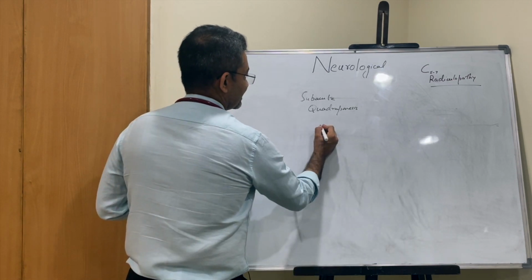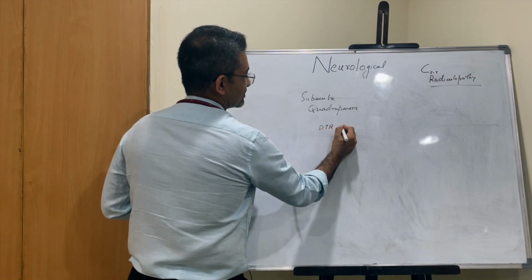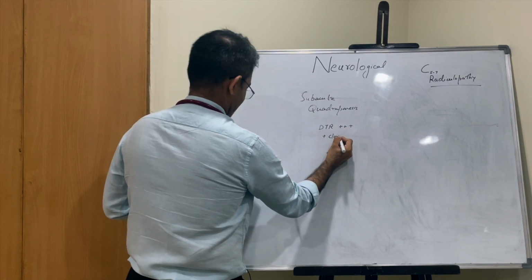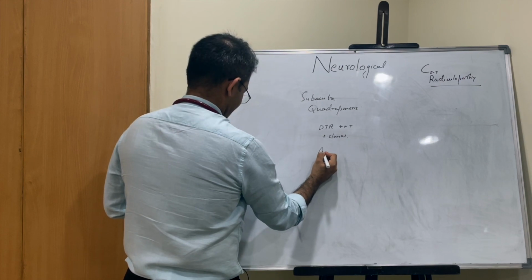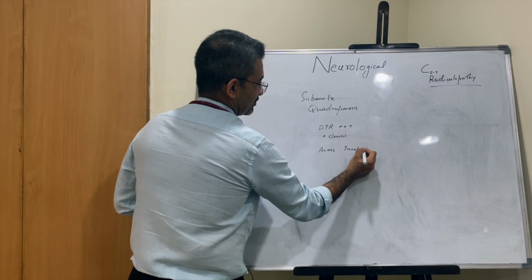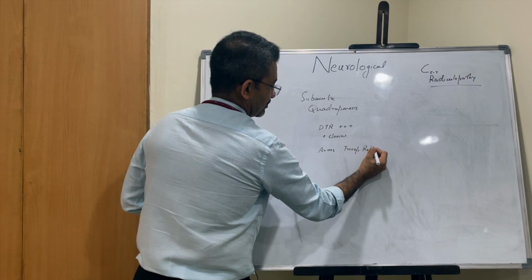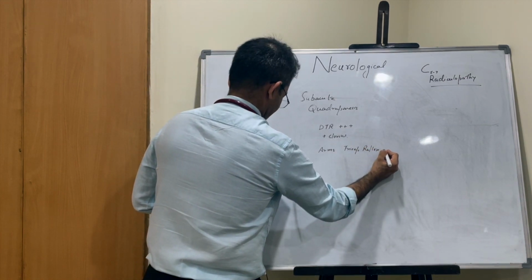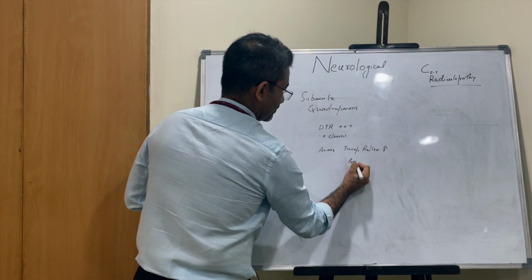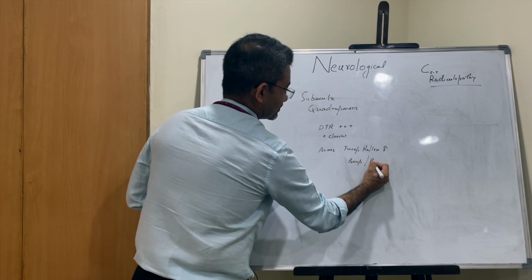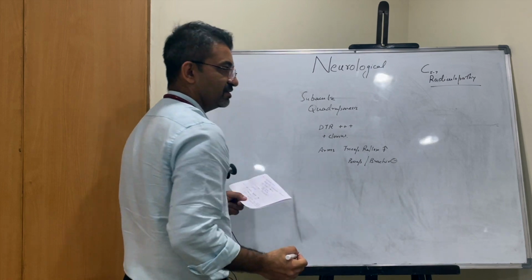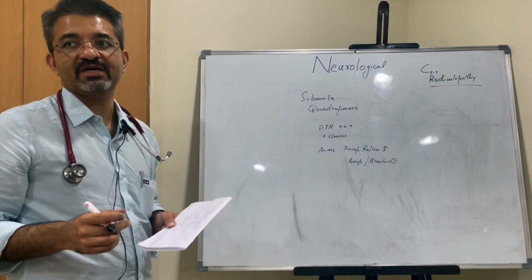Suppose the same patient of quadriparesis comes to you with DTR which are increased in both lower limbs along with clonus. In arms, the tricep reflex is increased, and bicep and brachioradialis are lost, and there is radicular pain in both arms.